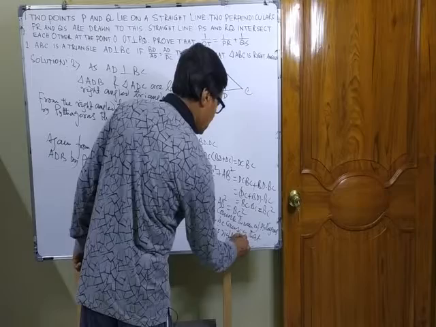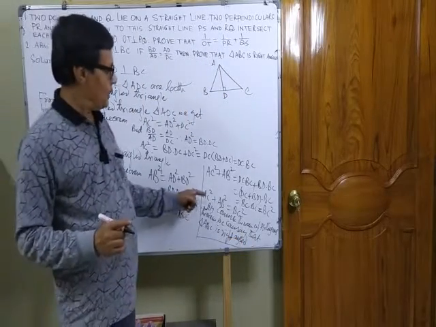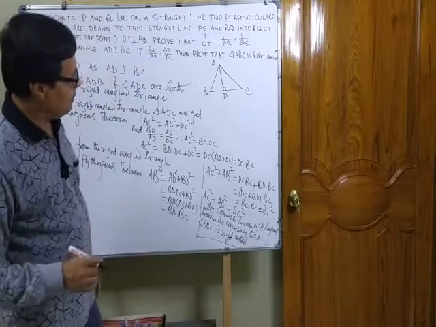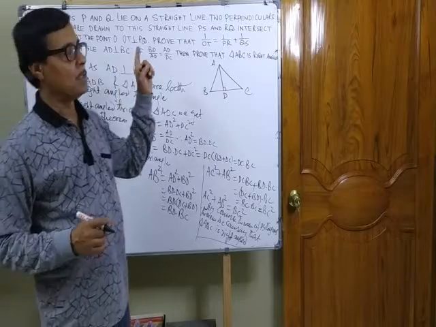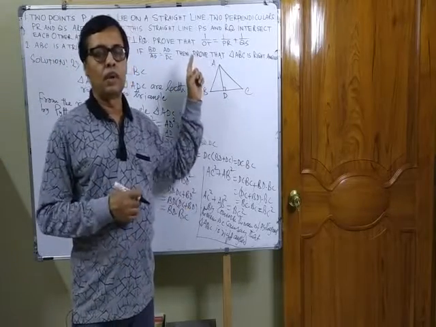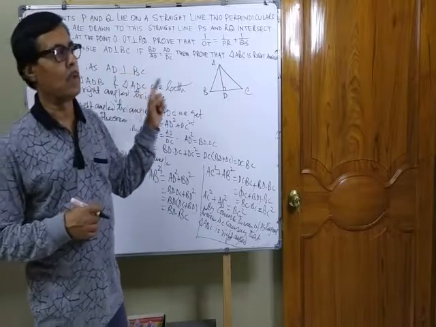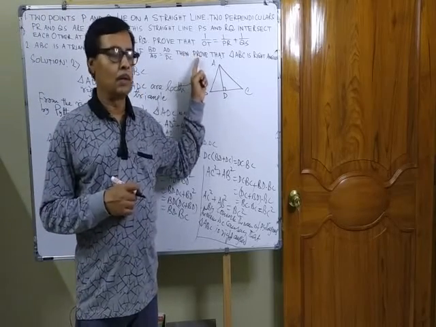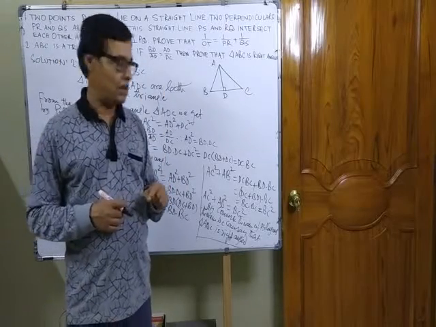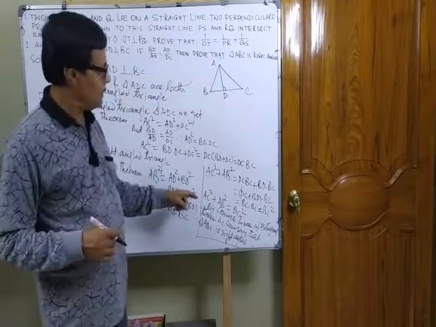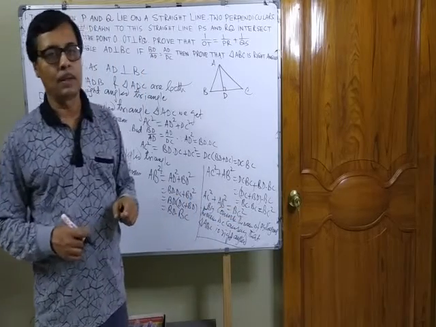This is the conclusion. We conclude it by the converse theorem of Pythagoras theorem. This theorem states that if the square of any side of a triangle is the sum of the squares of the other two sides, then this triangle is nothing but a right angle triangle. So, by this theorem we can say that ABC is a right angle triangle.